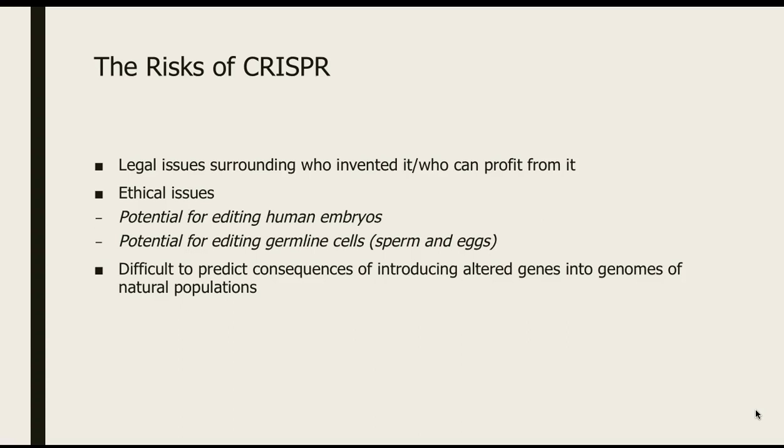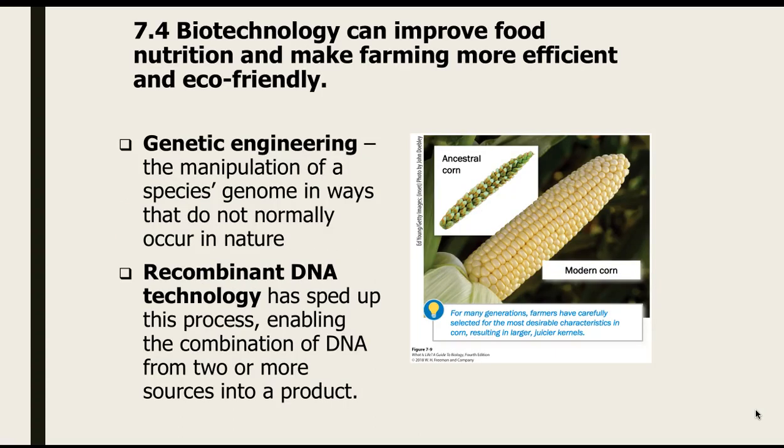Think about crossbreeding: a mosquito from one species can crossbreed with another, and it becomes very challenging to predict about the future. So good sides, bad sides, lots of ethical issues, lots of legal issues, and we don't really know the consequences of using this.